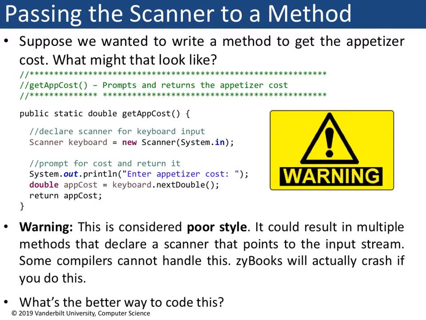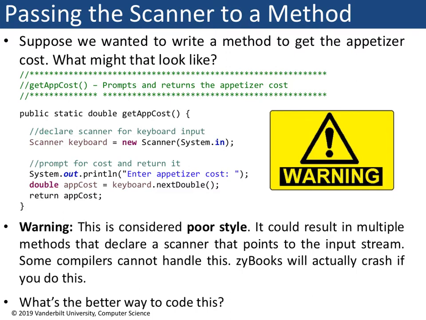But there's a major warning that you need to be aware of when you are attempting to do something of this nature where you want to use a scanner inside of a method. A better version of this method would declare a scanner in the main and pass the scanner object in as a parameter to the getAppCost method.